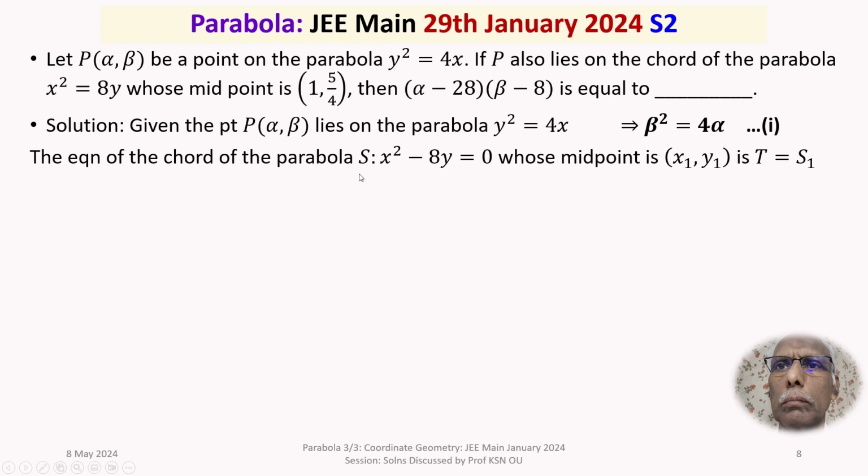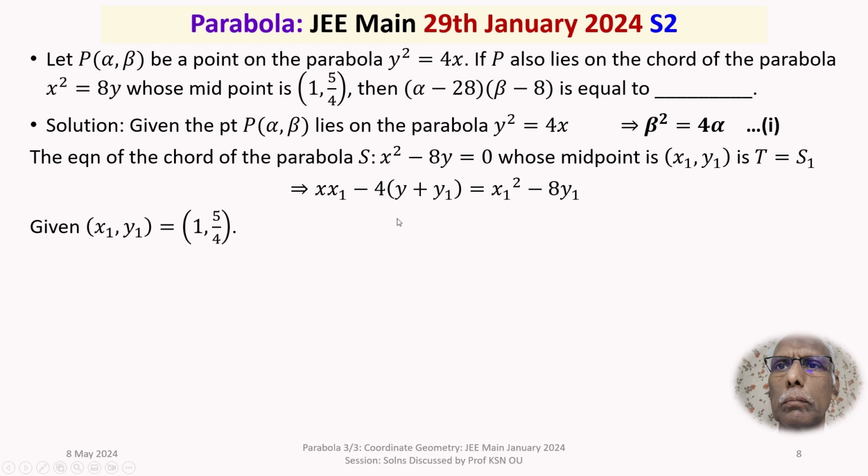S1 is, in S, substitute x1, y1 for x, y. So the tangent is x x1 minus 4 times (y plus y1), and S1 is x1 square minus 8y1. But now (x1, y1) is given to be (1, 5/4).